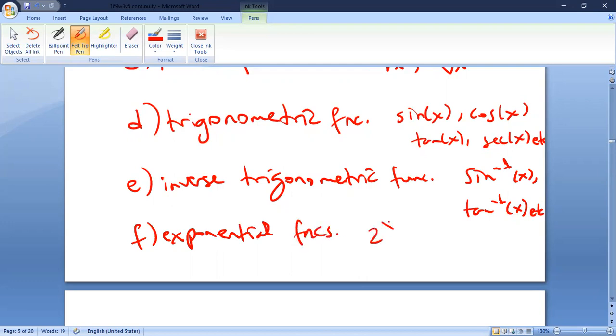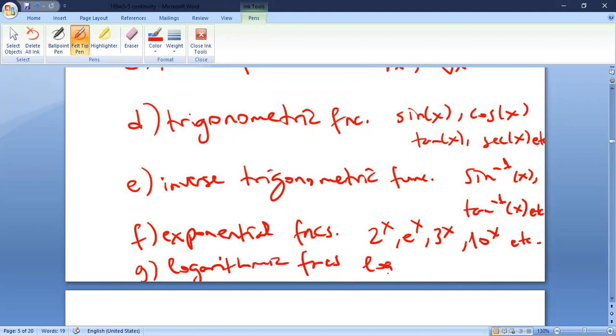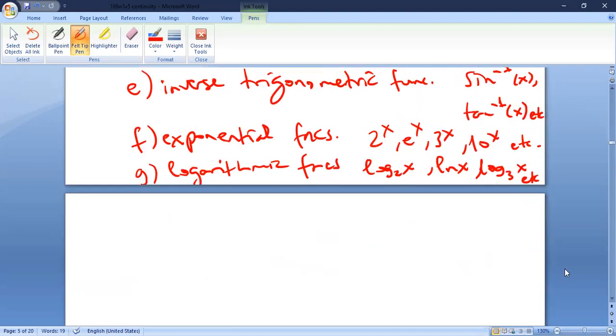So like 2^x, e^x, 3^x, 10^x. And the last one are the logarithm functions, like log base 2 of x, ln of x, log base 3 of x, etc. These are all continuous functions. And you can also remember their domain, their graph, so you can know where they are continuous.